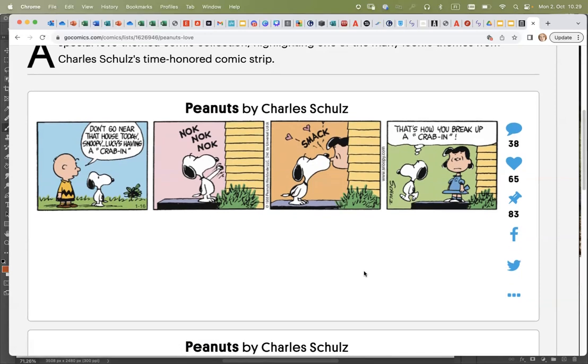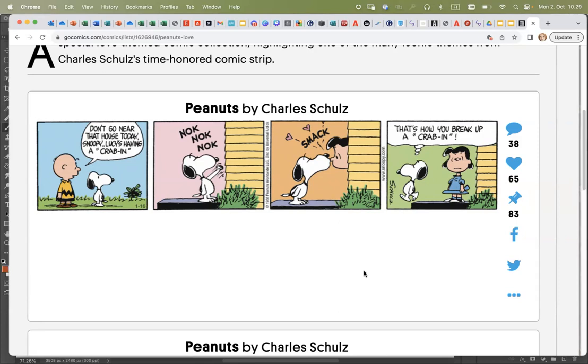And actually the one-sided love affairs are really common, as I already said. Like Charlie Brown has this crush on the little red-haired girl, as you might know.